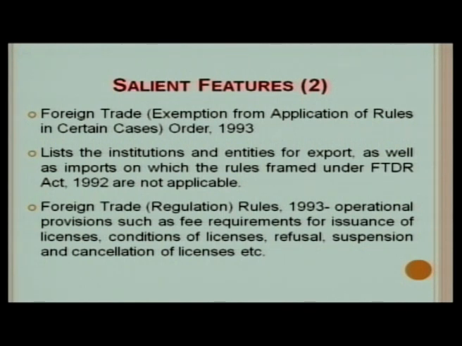Under this Act, the government is empowered to frame the rules, and the rules have been framed as the Foreign Trade Regulation Rules 1993, which provide the operational provisions such as fee requirements for issuance of licenses, conditions of licenses, refusal, suspension and cancellation of licenses, etc.